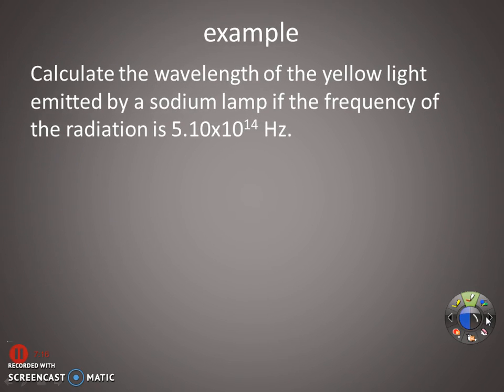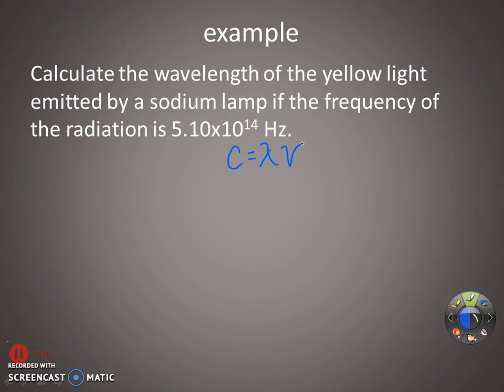So let's calculate the wavelength of the yellow light emitted by a sodium lamp if our frequency of radiation is 5.10 times 10 to the 14th hertz. So remember, c equals lambda times nu.